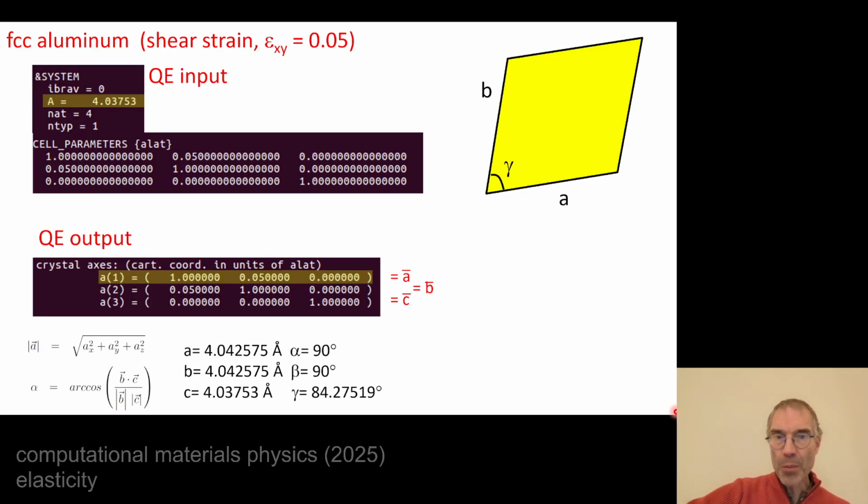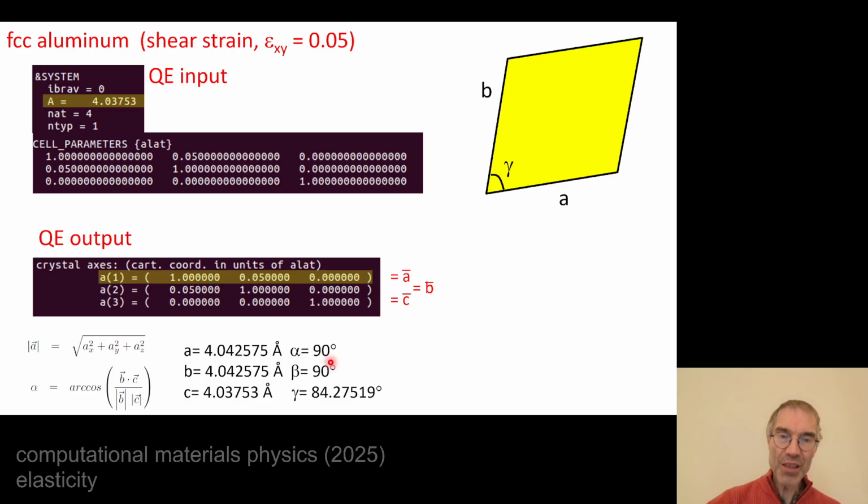I can also inspect this from the output file, where I basically have the same information. And if I now apply these equations that were trivial for the cubic cell, then I find now an A and a B that are equal to each other and that are different from the unit here, and a C that is different from A and B, and that was identical to the unit.